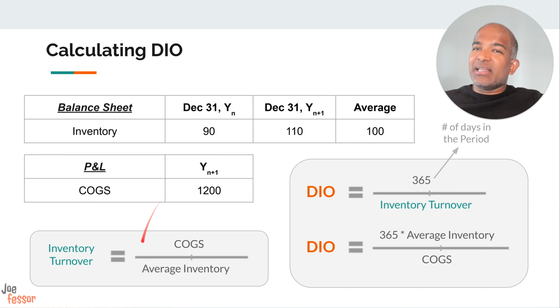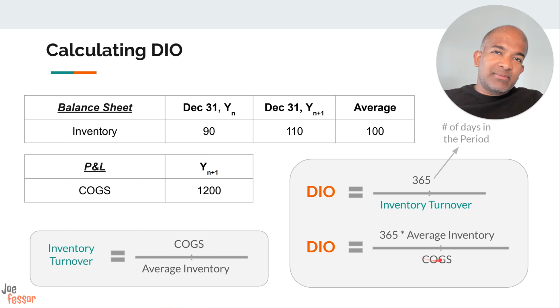First, we can calculate the inventory turnover. As we discussed, inventory turnover is calculated by dividing COGS by average inventory. In this case, 1,200 divided by 100 is 12. DIO is then calculated by dividing the number of days in the period, which is 365 here, by the inventory turnover. So 365 divided by 12 is approximately 30 days.